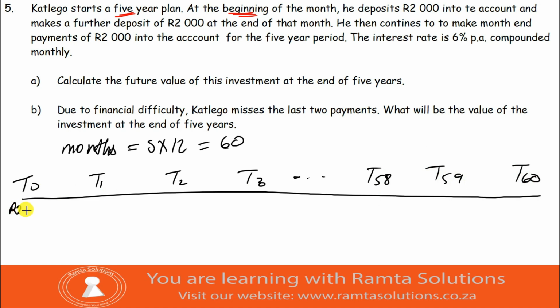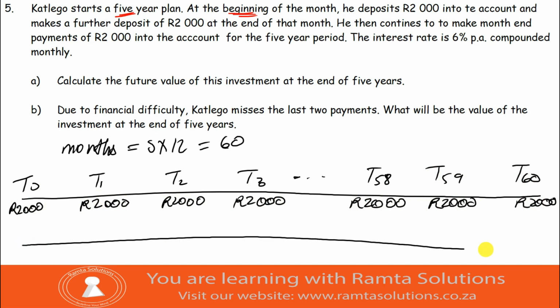It's 2,000 rand at each point. Remember, guys, it's important for you to draw a timeline.